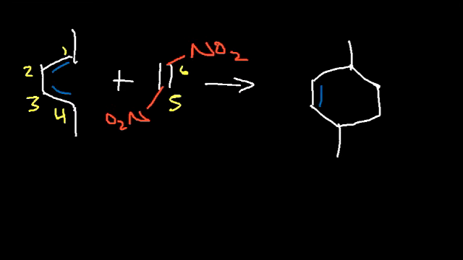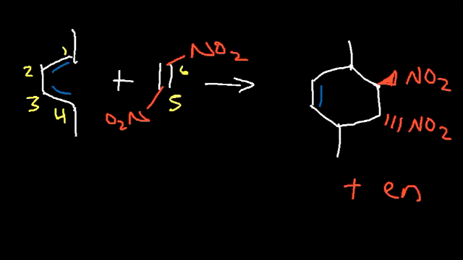And on 5 and 6 we have two NO2 groups trans with respect to each other. So one will be in the front and the other will be in the back. And plus we can get the enantiomer. Try this one.